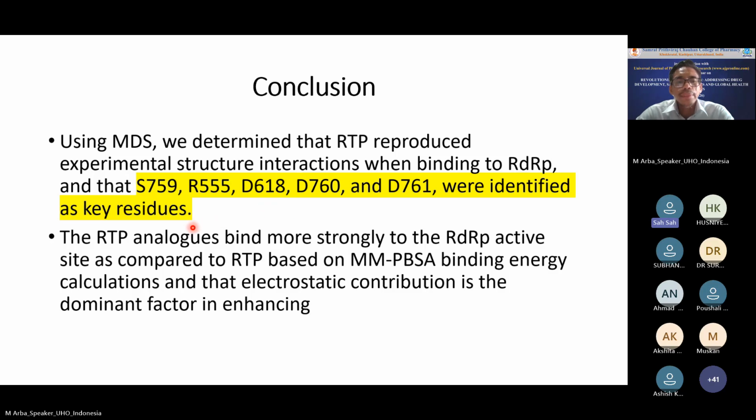And then we see that the remdesivir analog binds more strongly to the RdRp active site as compared to RTP based on MMPBSA binding energy.